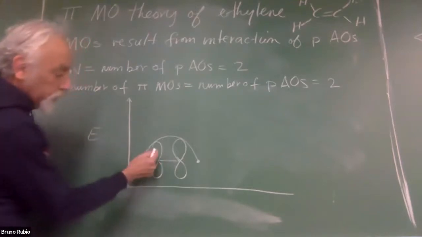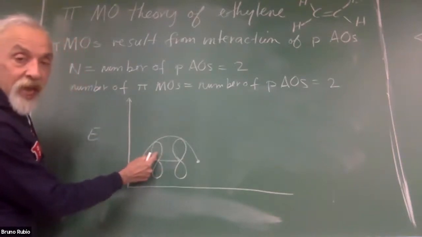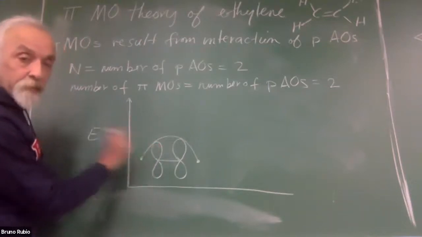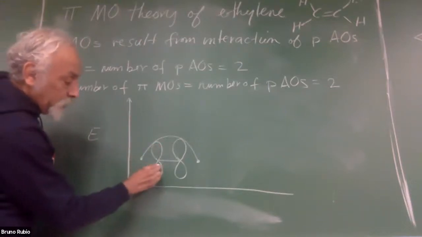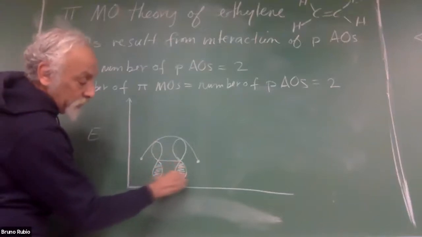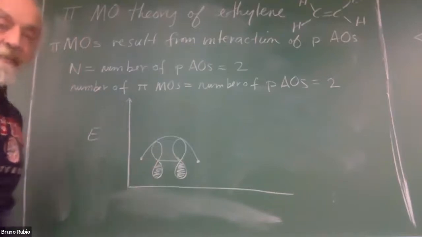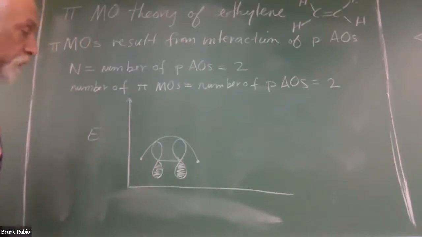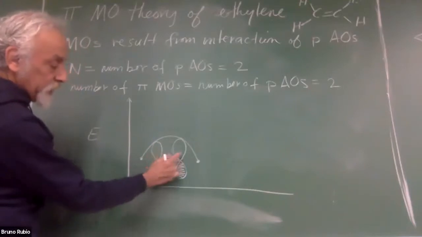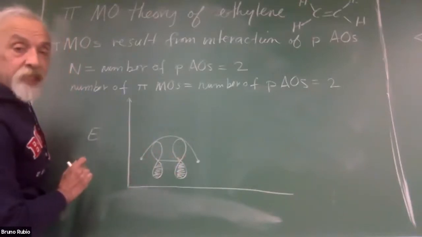So I'm going to arbitrarily assign a lack of shading to the positive part of this orbital, and I'm going to arbitrarily assign a shading to the negative part of this orbital. Okay, so this is the region of positive deflection. That's positive, and this is negative.